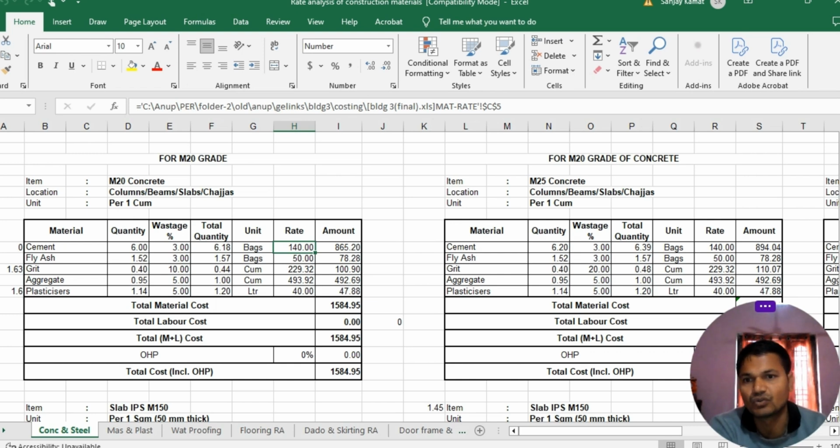You can also do it in a calculator. Now you can see how much quantity it has taken.